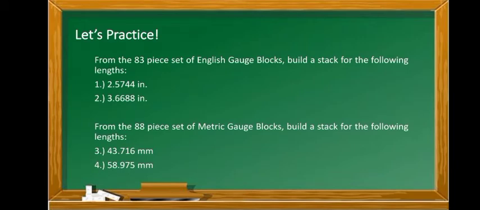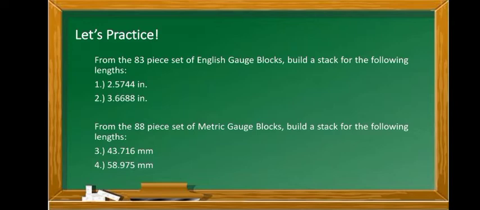So, let's practice. From the 83-piece set of English gauge blocks, build a stack for the following lengths: 2.5744 inches and 3.6688 inches.